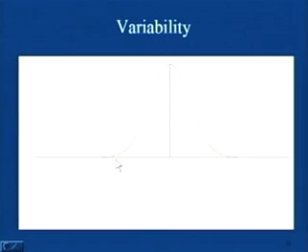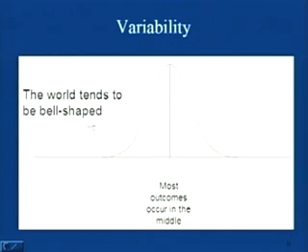This is a normal distribution curve, and most observations follow the bell shape, meaning the world tends to be bell shaped. If you take observations randomly and in an unbiased way, they will follow the bell shaped curve or the normal distribution curve, meaning most outcomes occur in the middle.